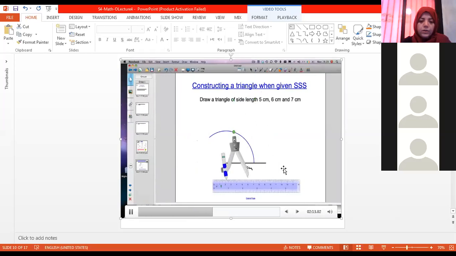And what do we do? We put it on the second vertex on the other side. Okay, and you draw another arc like this.